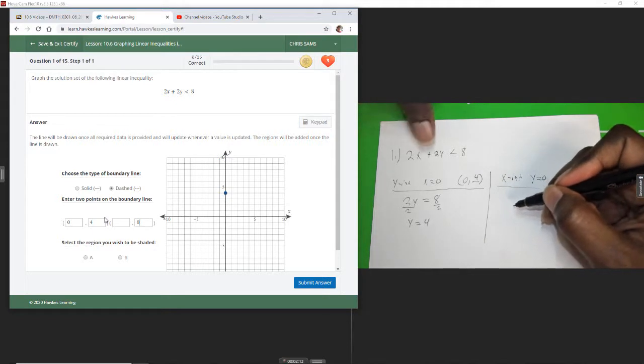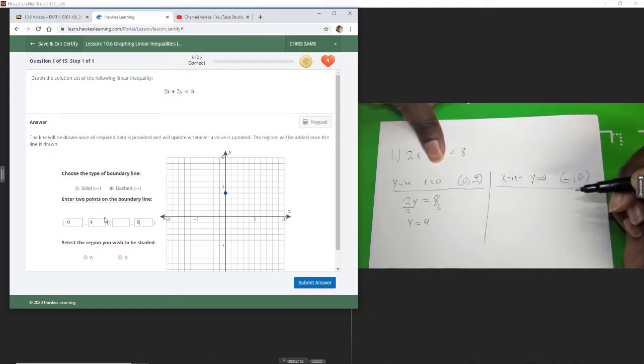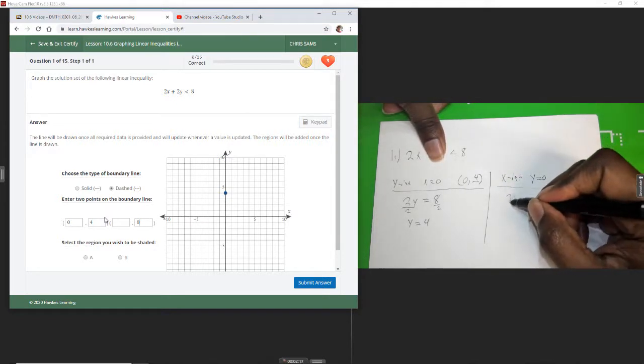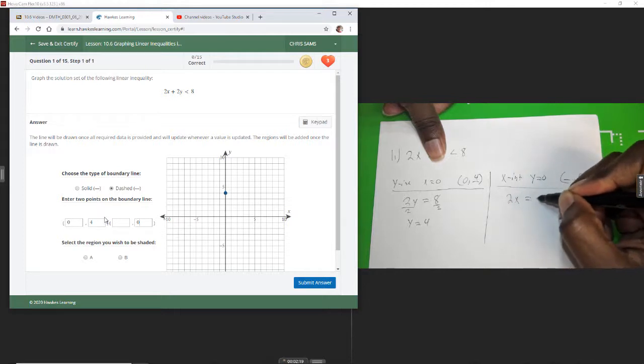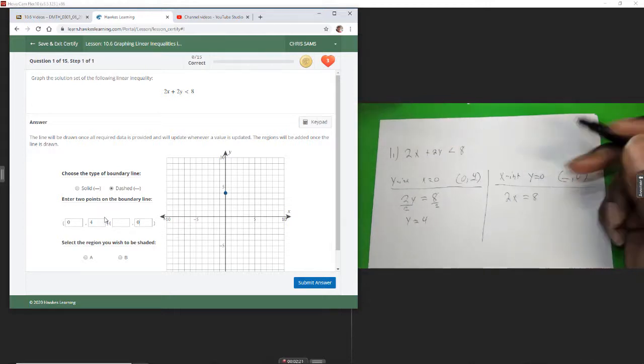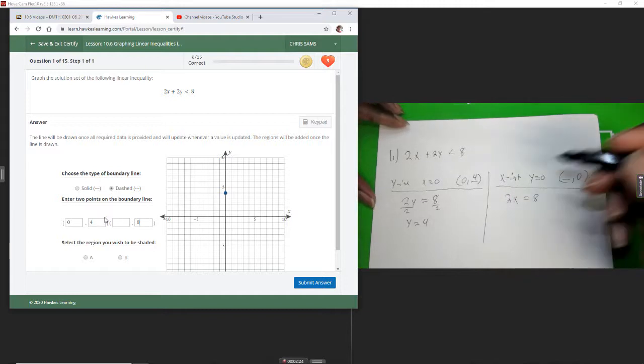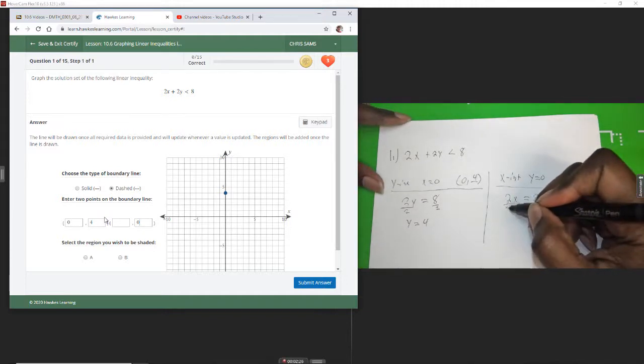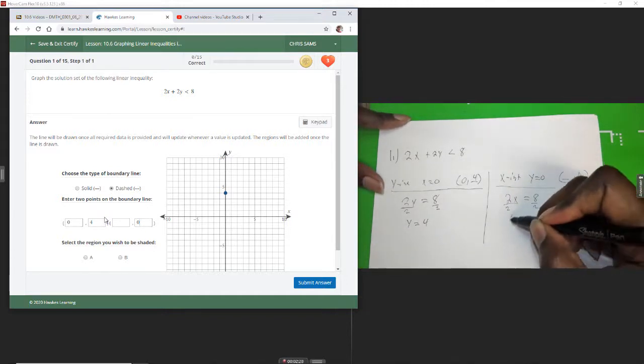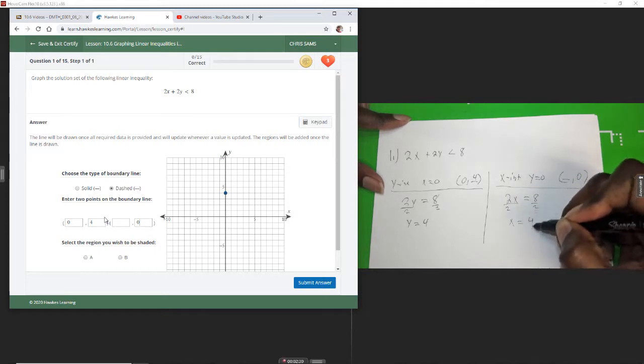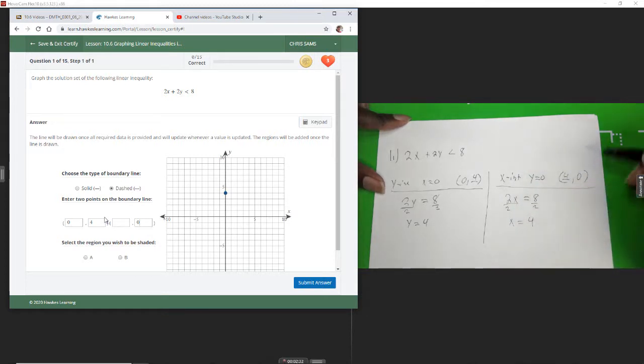And this time, if we get rid of the y, making it 0, we're left with 2x equals 8. I know it says less than 8, but I'm just doing it equal to find out that number. And then we divide by 2, and we get x equals 4. So this time it's just reverse the order, 4, 0, and 0, 4.